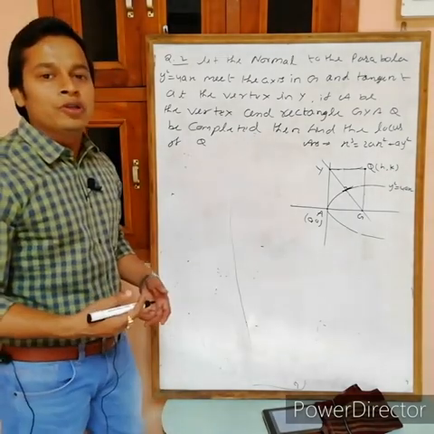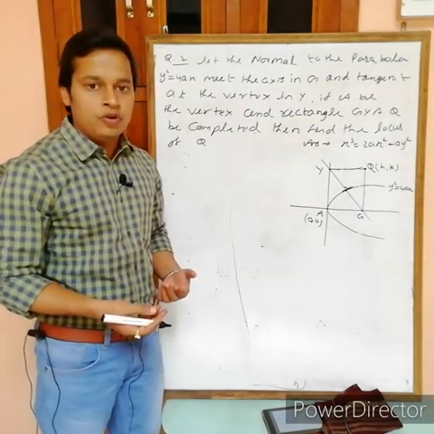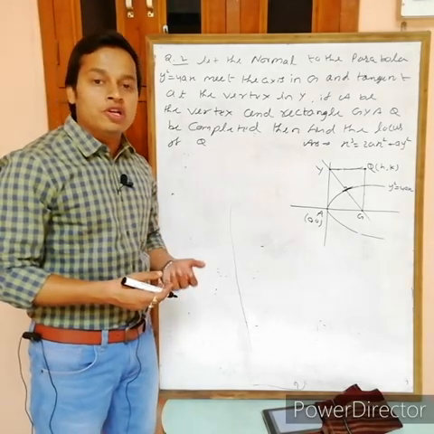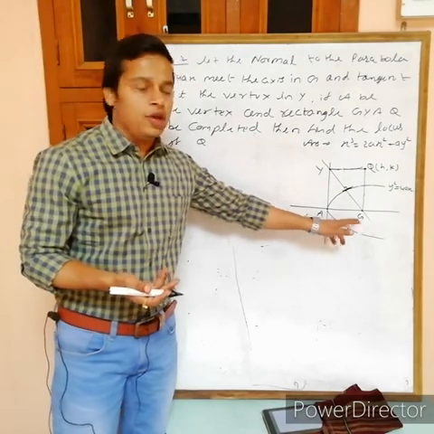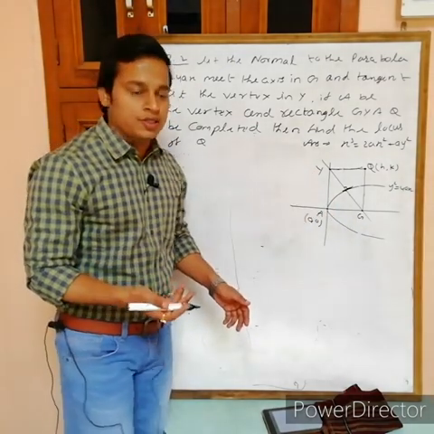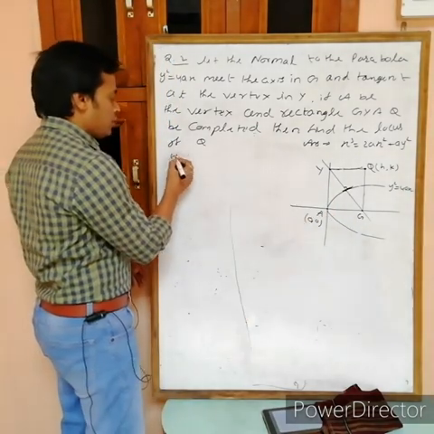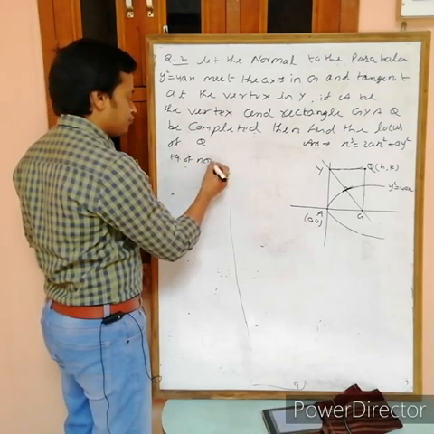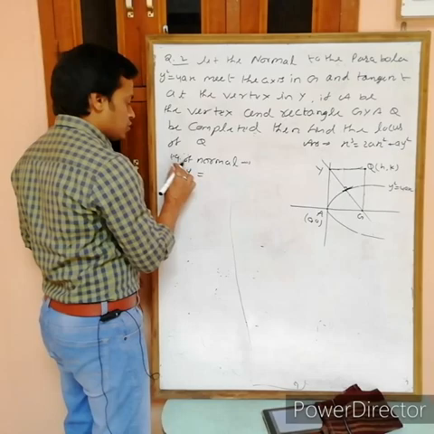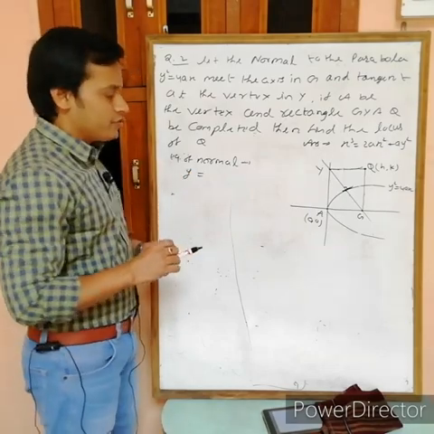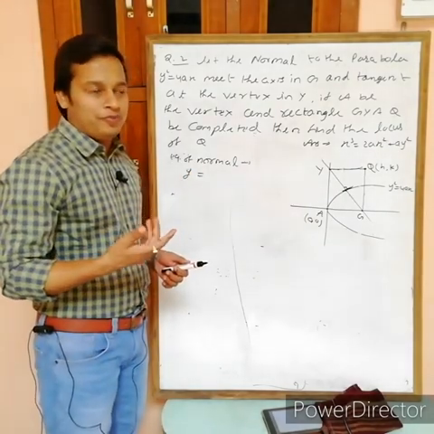G and Y both lie on the normal. So if we have the equation of the normal, then for G the y coordinate is 0, and for Y the x coordinate is 0. Now I have to assume in which form, slope form or parametric form.